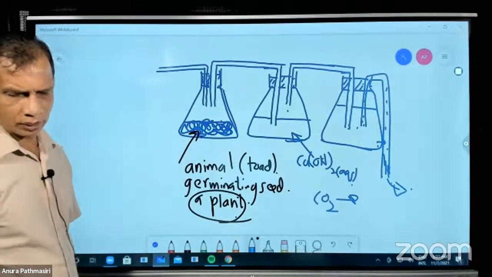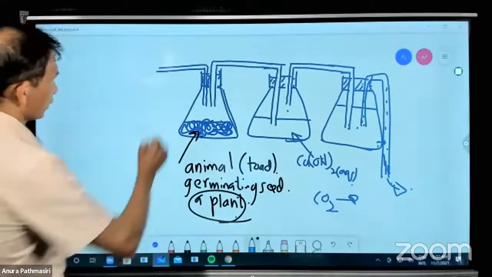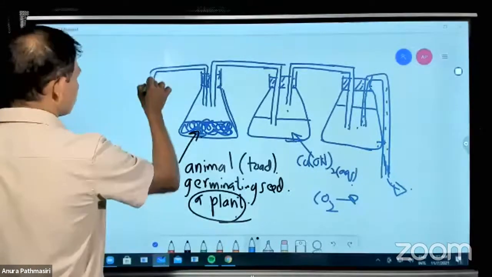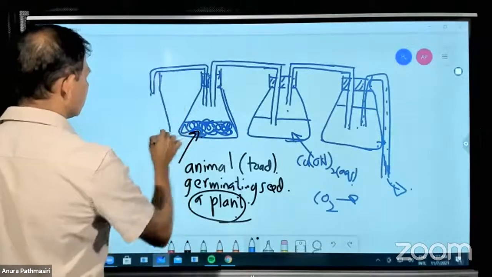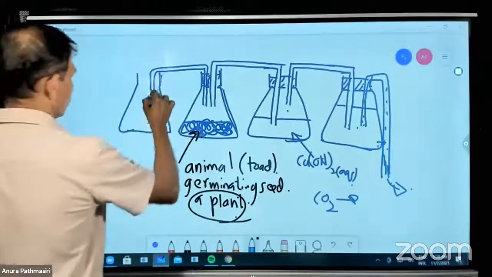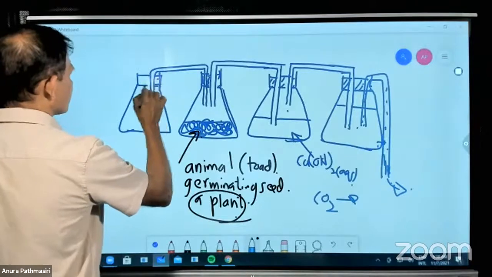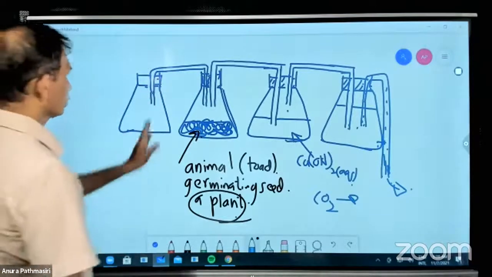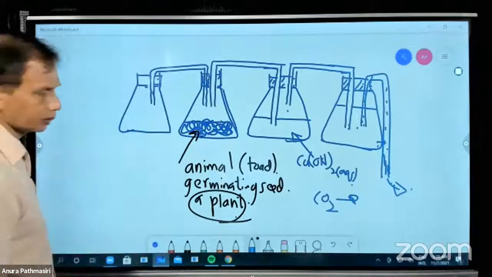So when oxygen comes, it should not have carbon dioxide. Oxygen is given by this system, understood?